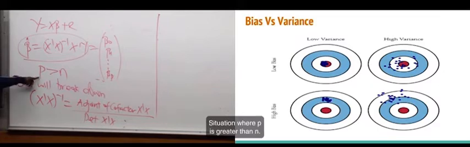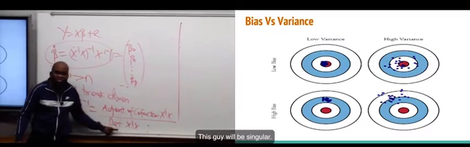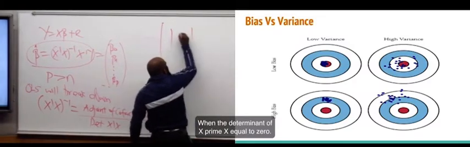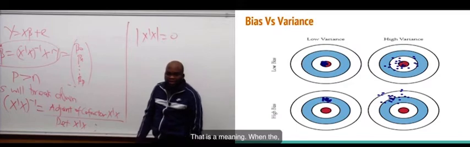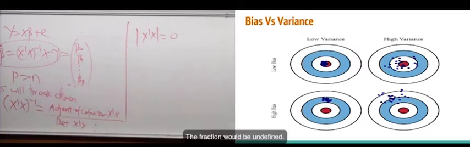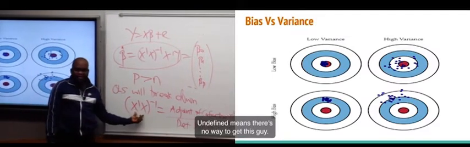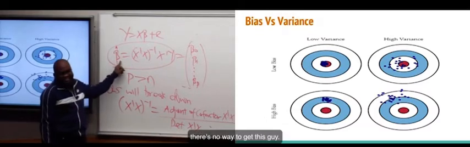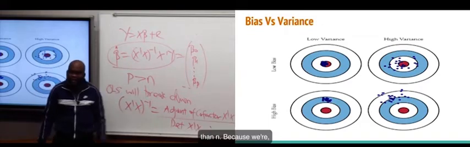In a situation where P is greater than N, this will be singular. Do you know the meaning of singular? The determinant of X prime X equals 0. When the denominator of a fraction is 0, what will happen? The fraction will be undefined. And undefined means there's no way to get this. That actually occurs when P is greater than N.